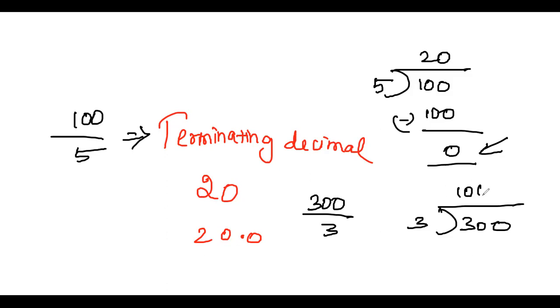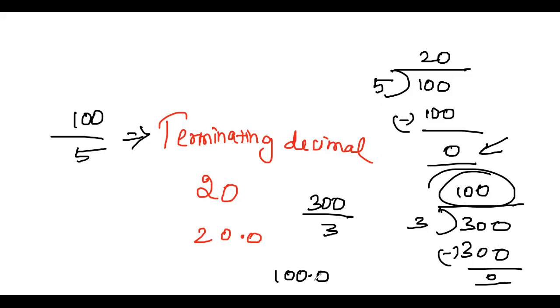It is 100. So 100 times 3 will give you 300. So when you subtract this 300 from that 300, you will have 0 as the remainder. So this 100 is your terminating decimal. 100.0 is the answer for 300 by 3, isn't it? So these are the examples for terminating decimals.